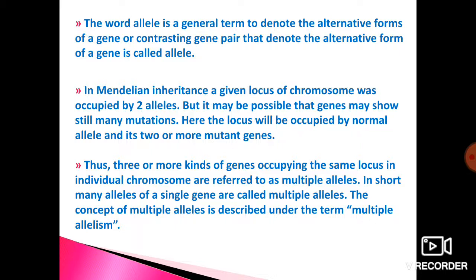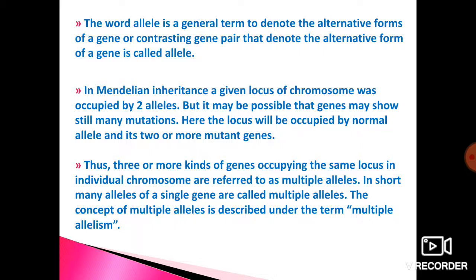So I can make 5 pairs of different combinations, and all these pairs would be expressing the same character, however with variations. Now the character could be skin color, there would be variations in degree of fairness or darkness, or it could be something else. We shall come to that and we'll learn in detail with examples.